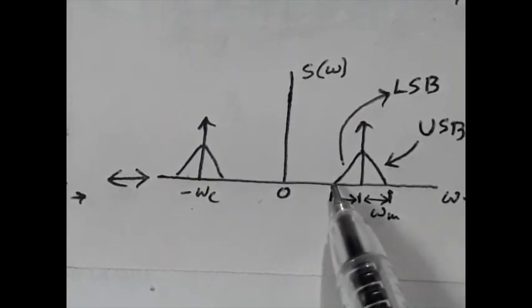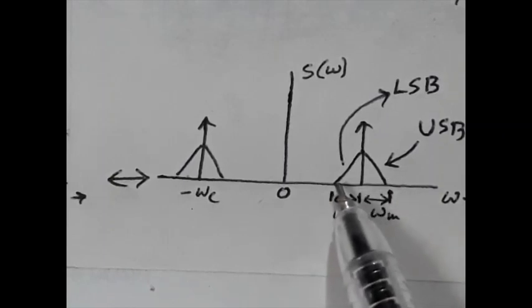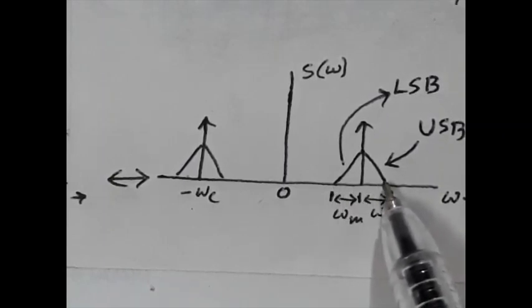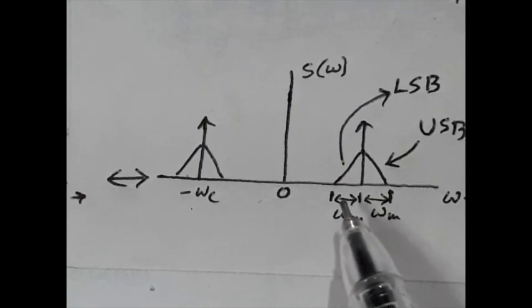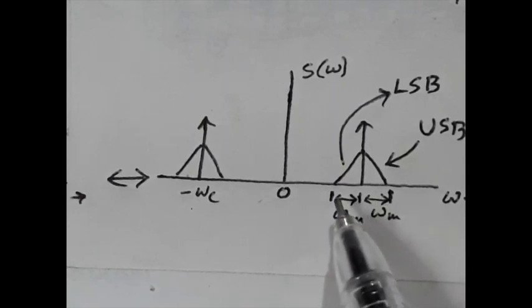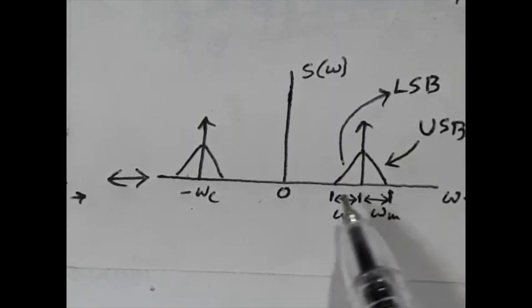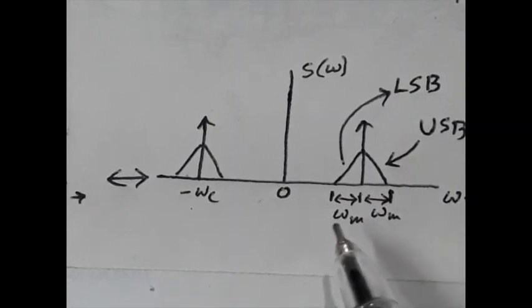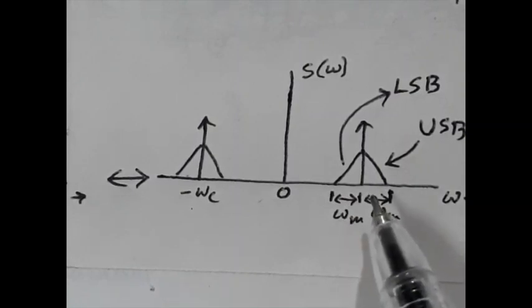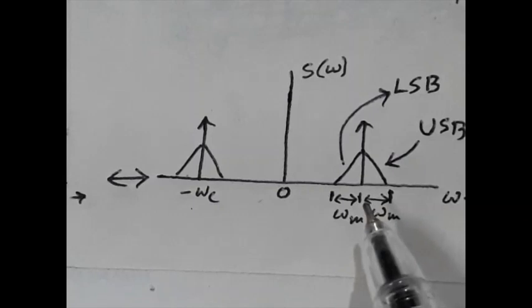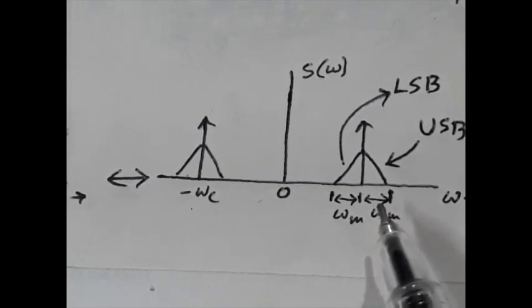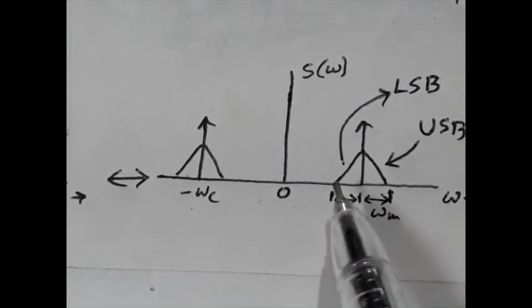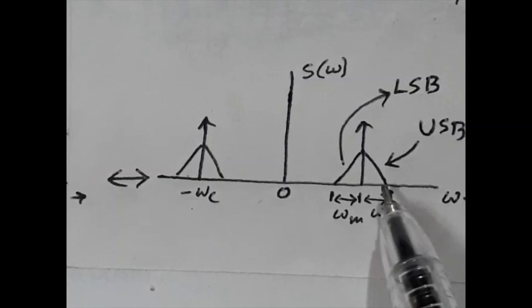So the total width of frequency over which the total power will remain is twice ωm. If we use linear frequency, then instead of ωm we have to write fm hertz. That means this width will be twice fm hertz.